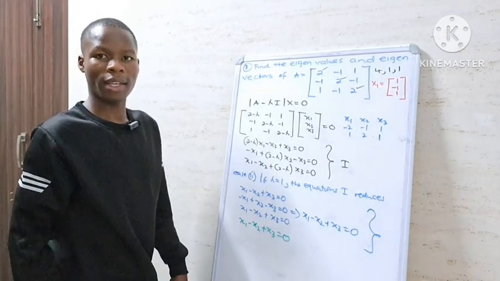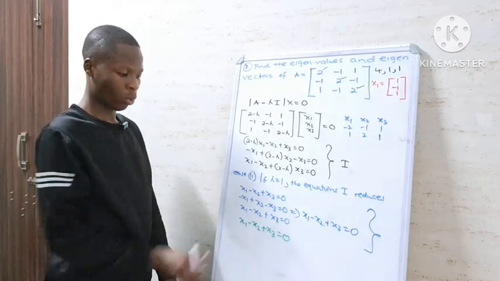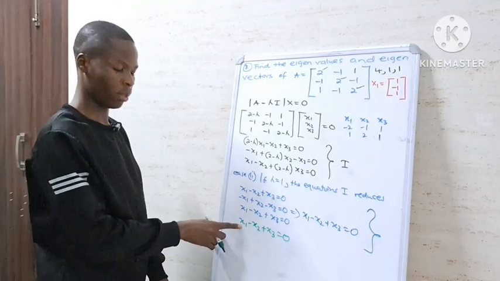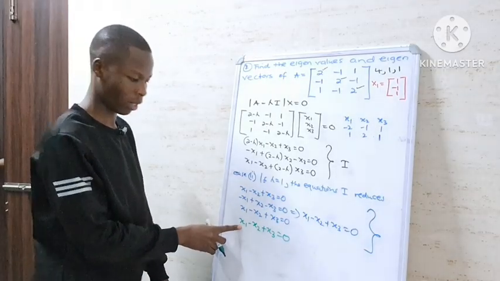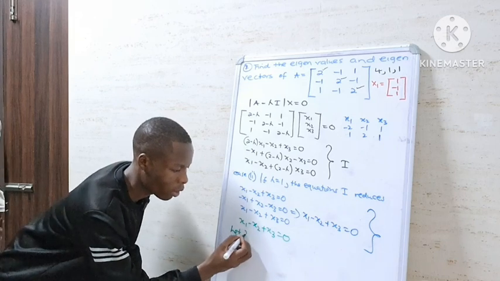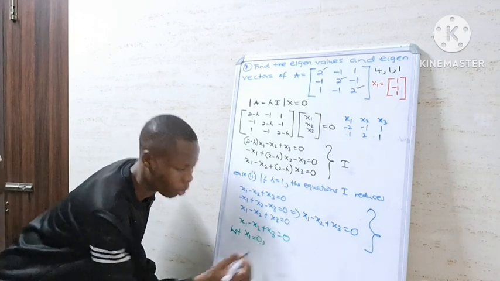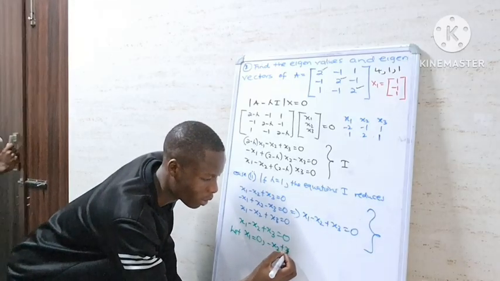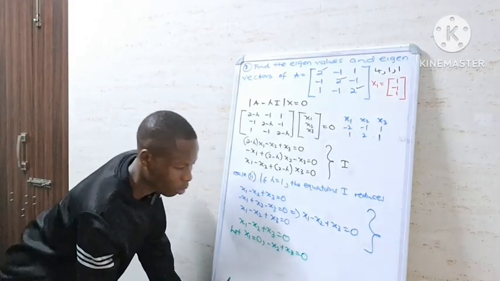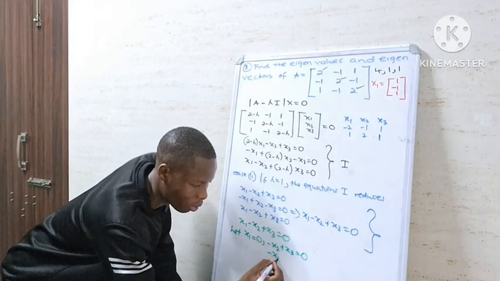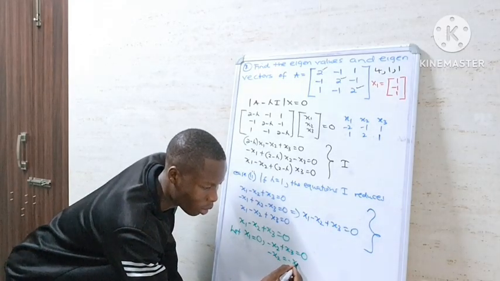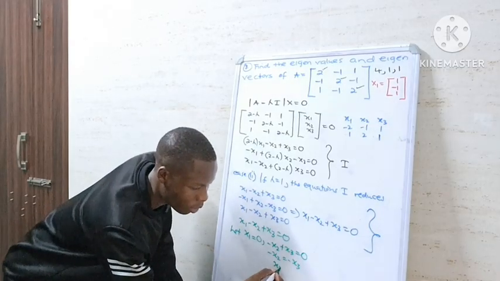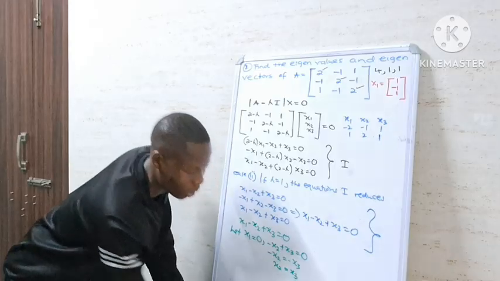Then you assign any value to one of the variables. So I am going to assign 0 to x1. Let x1 be equal to 0. This becomes minus x2 plus x3 is equal to 0, so negative x2 is equal to negative x3. If you divide both sides by negative, x2 is equal to x3.